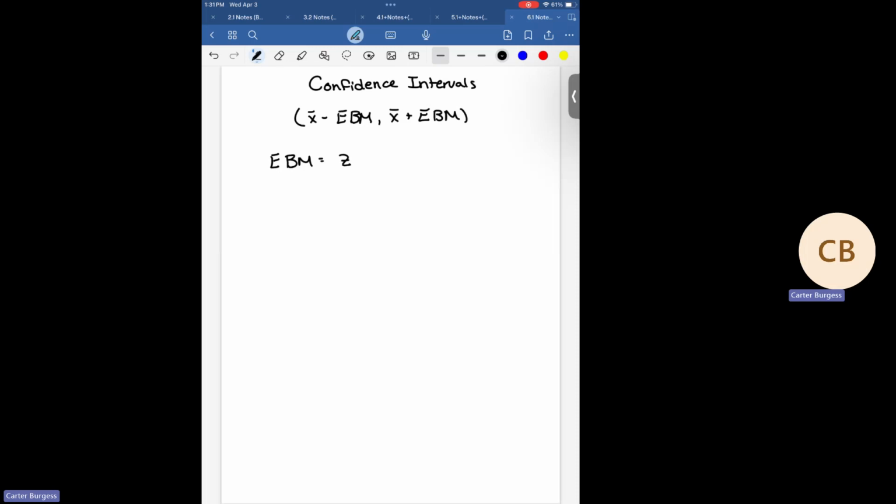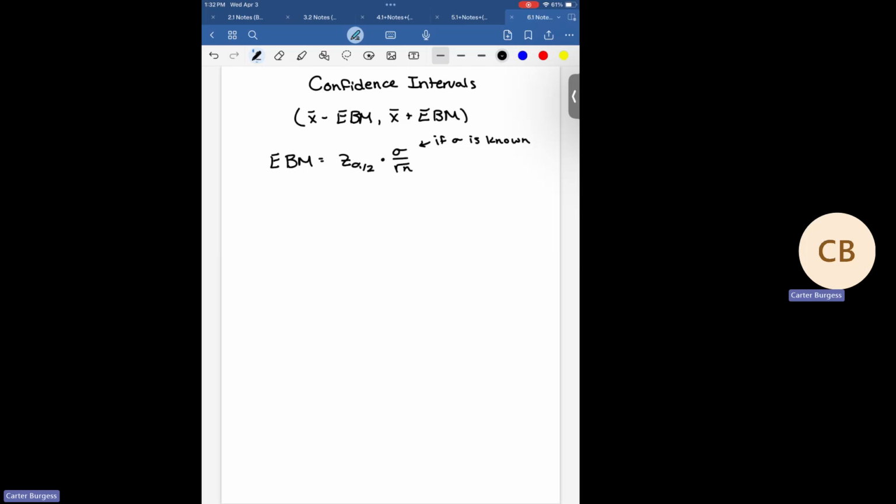We can go ahead and use our z-score times sigma over the square root of n, just because we're saying we know what sigma is. We don't have to guess. We don't have to make an approximation. Sigma is known, and so we'll use the z-score paired with this. So this was if sigma is known.